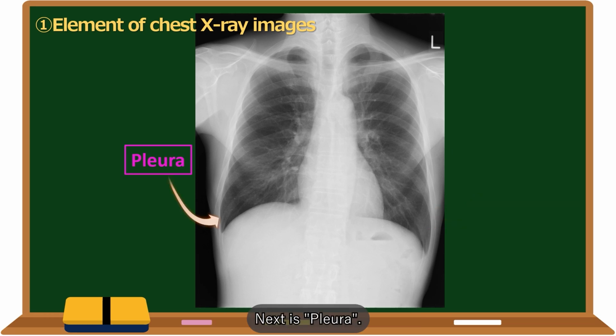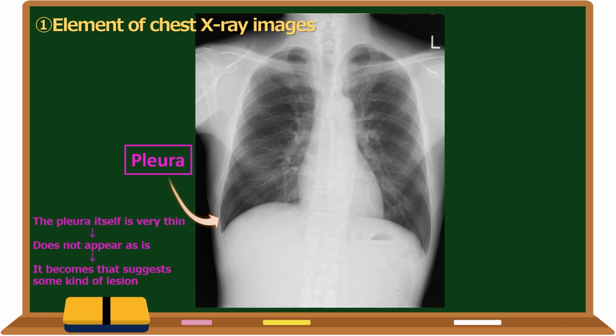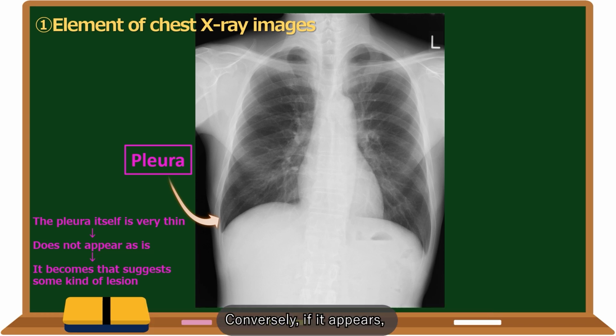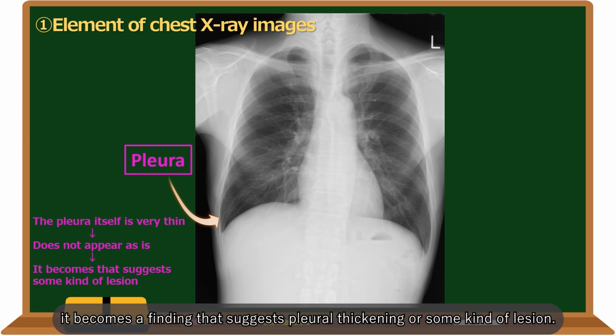Next is pleura. The pleura itself is very thin and does not appear as is. Conversely, if it appears, it becomes a finding that suggests pleural thickening or some kind of lesion.